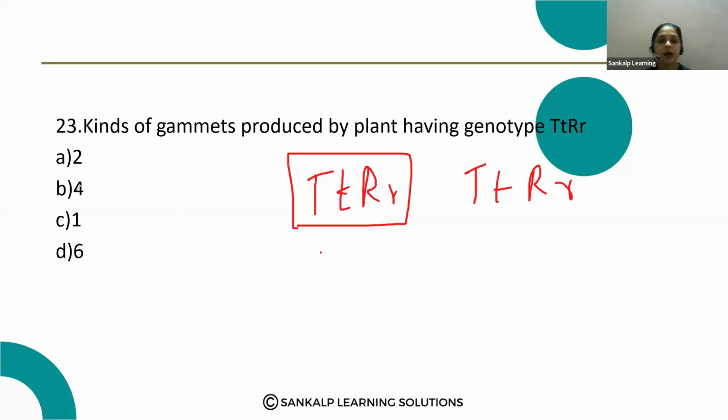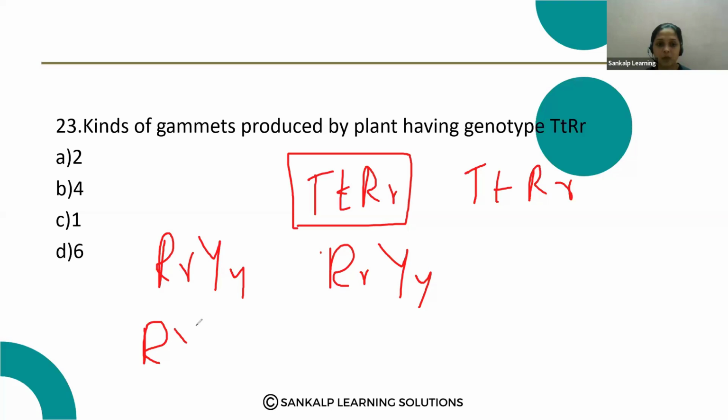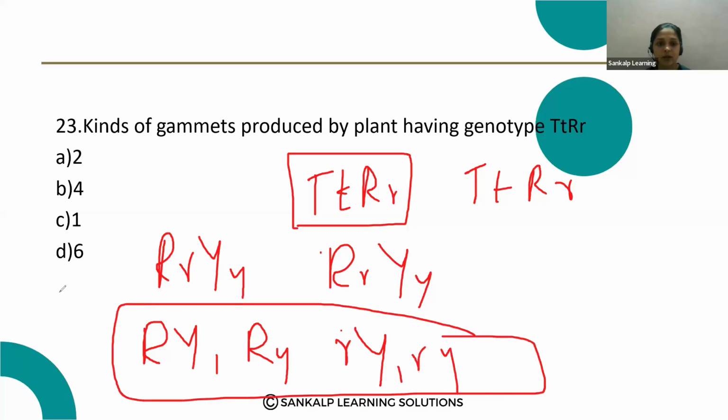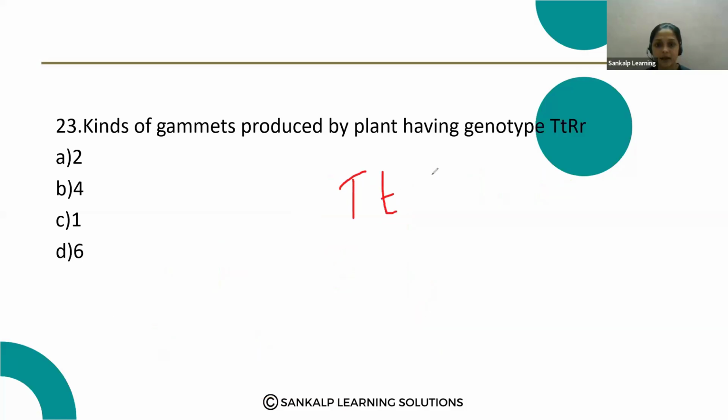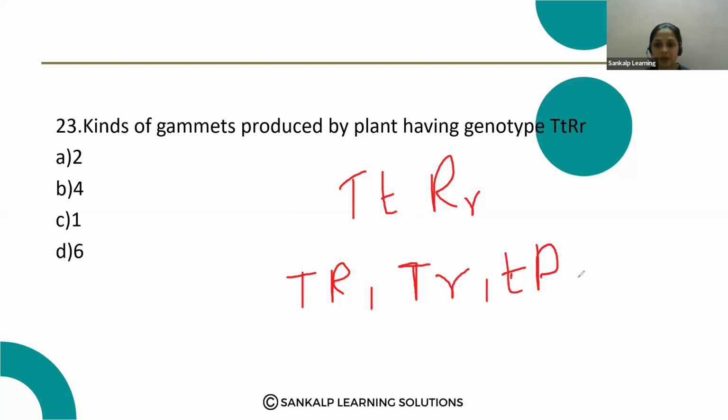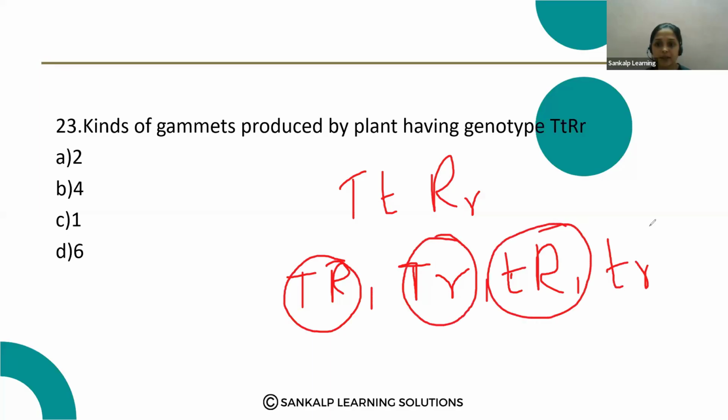So it is able to produce four types of gametes, because here, you have seen, when it is RRYY, the gametes are RY, Ry, rY, ry. This is how gamete production happened. So here also, the same. When the condition is TTRR, the gametes may be TR, Tr, tR or tr. So these are the gametes produced by the genotype with the TTRR condition.